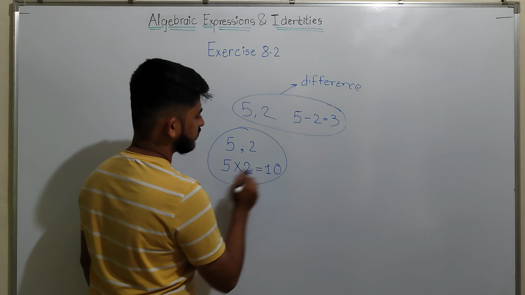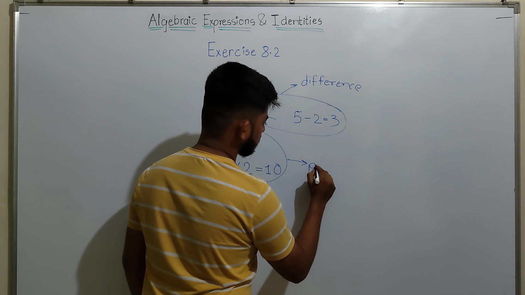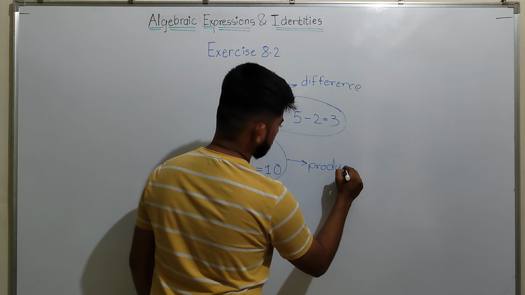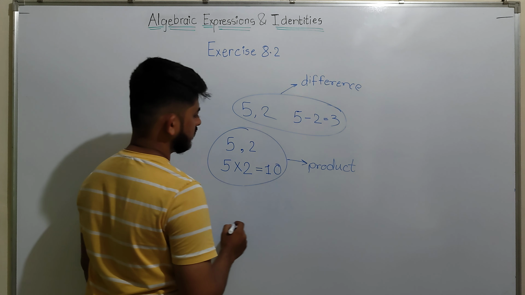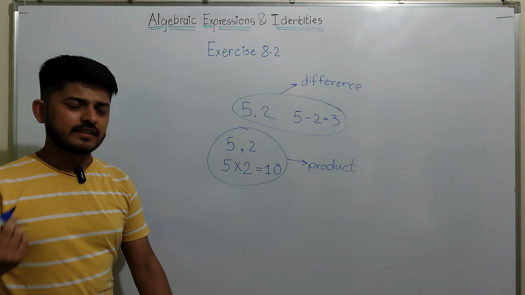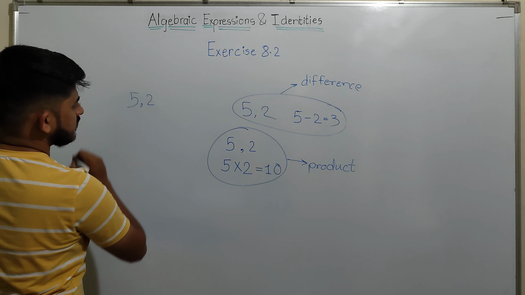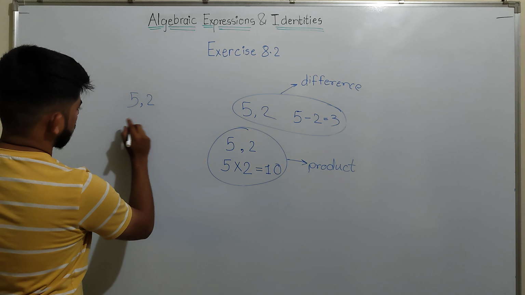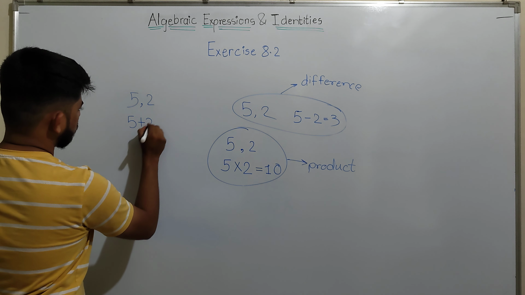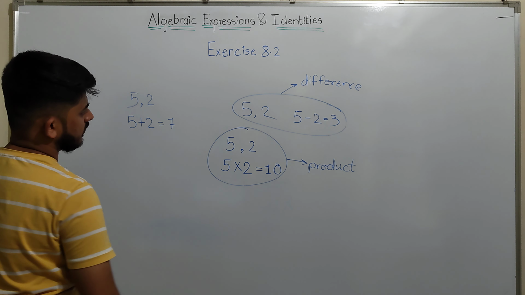Now what is this? Product. Or you might see, find the sum of 5 and 2. The sum of 5 and 2 is 7.